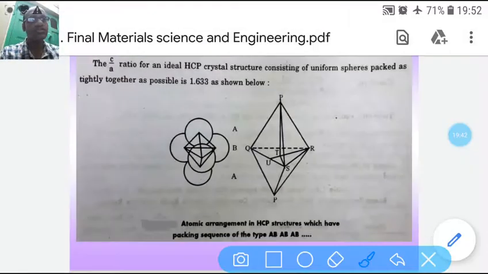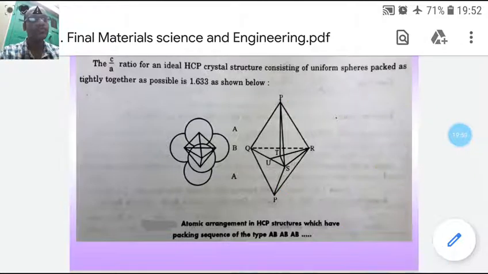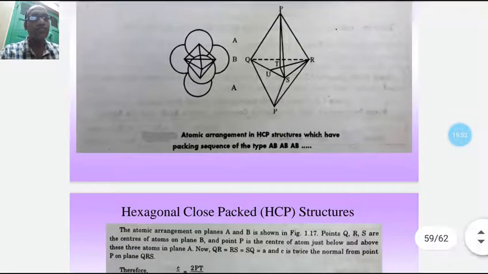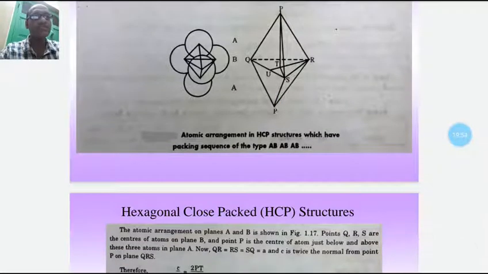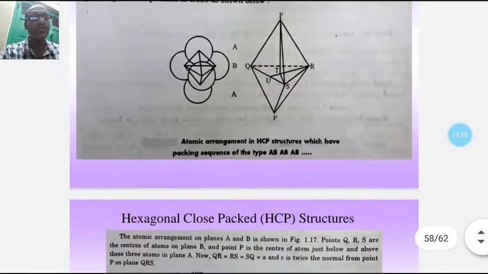Now you see that C is the total height from these 2 distances. This is the C value. So it is twice the normal from the point P on plane QRS.